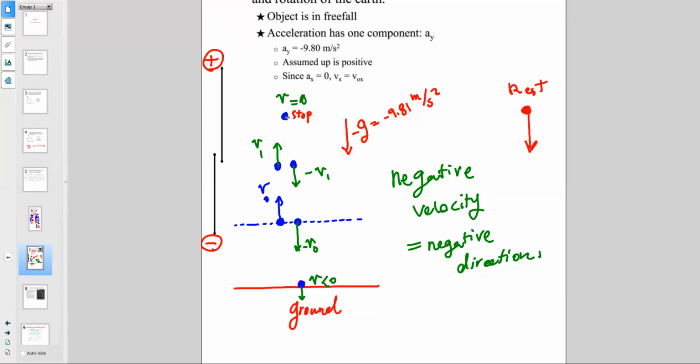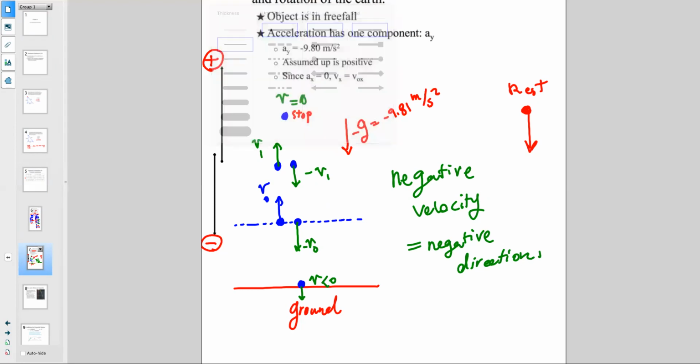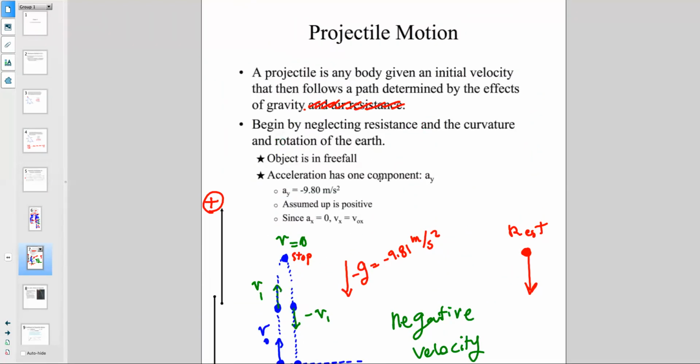And at the maximum point, the acceleration is the same, but the velocity is 0. So it is moving up to that point, and then falling back down. Okay? So keep that in mind.